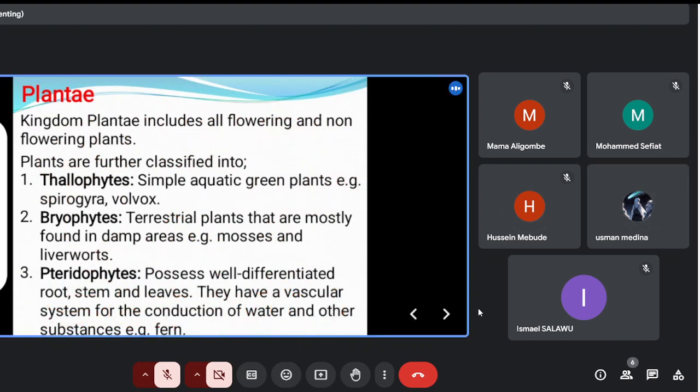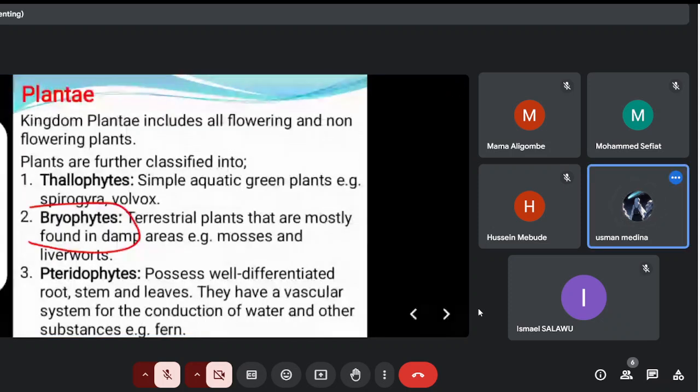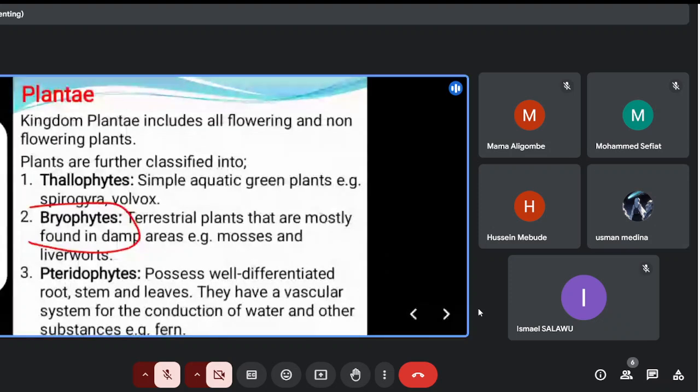We started with talking about the features of bryophytes. They are more advanced than the thallophytes. They have chloroplast, meaning they can make their food. I also mentioned that the type of sexual reproduction that they exhibit is known to be alternation of generation.